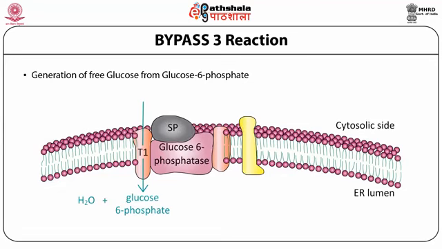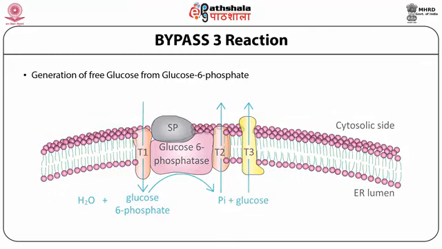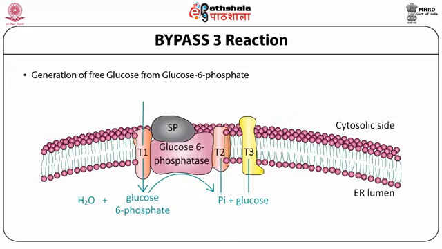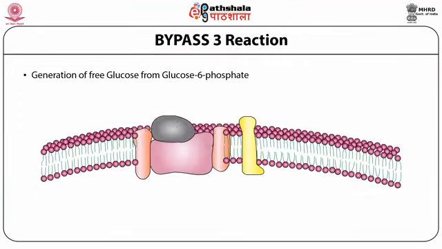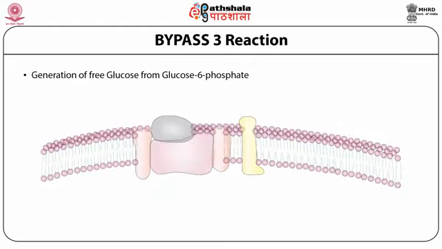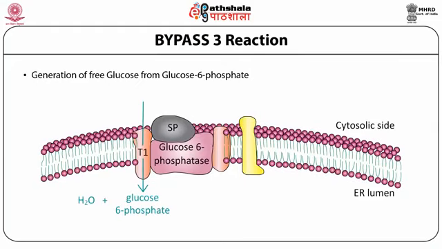Excess glucose should not enter the bloodstream as it is detrimental. So the majority of glucose 6 phosphate is withheld in the endoplasmic reticulum lumen and converted into glucose upon requirement. If you see in the figure, it shows the generation of free glucose from glucose 6 phosphate.